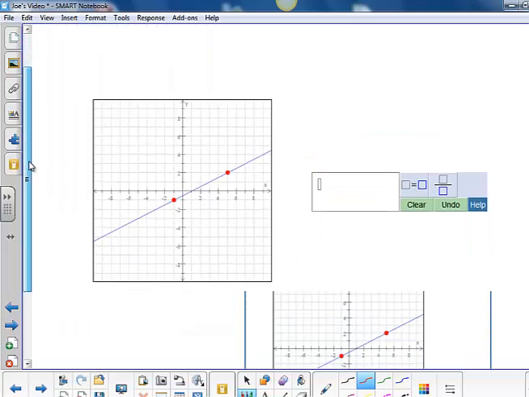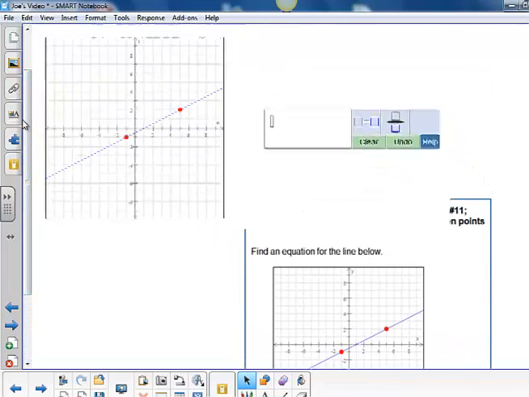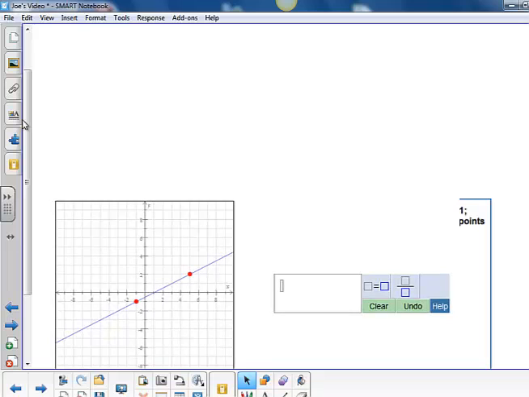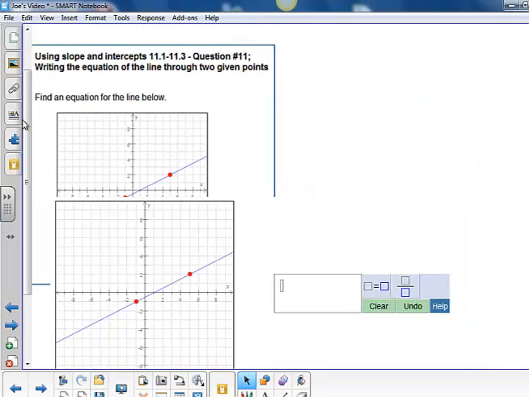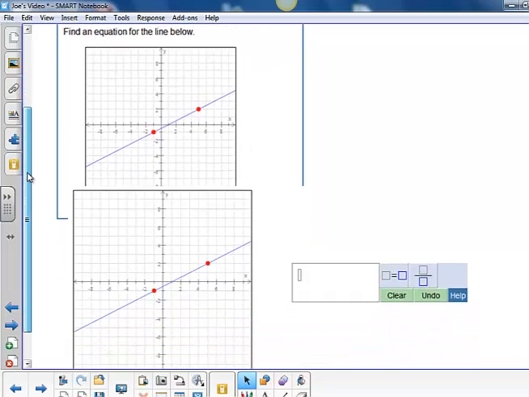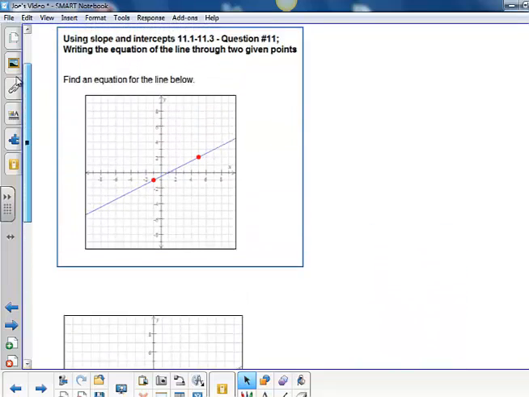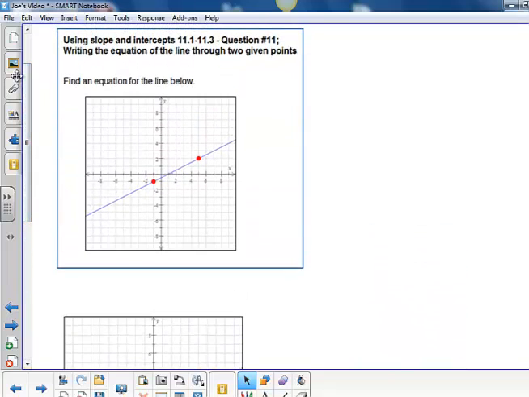Okay? Number 11 also looks like it was a little bit challenging for you, so I'm going to slide these around just so we can see it. Number 11 says using the slope and the intercepts, write an equation.